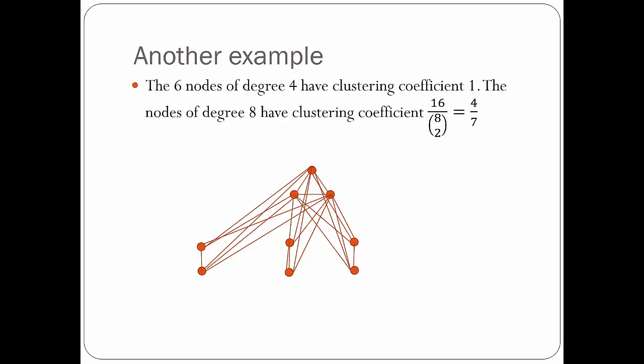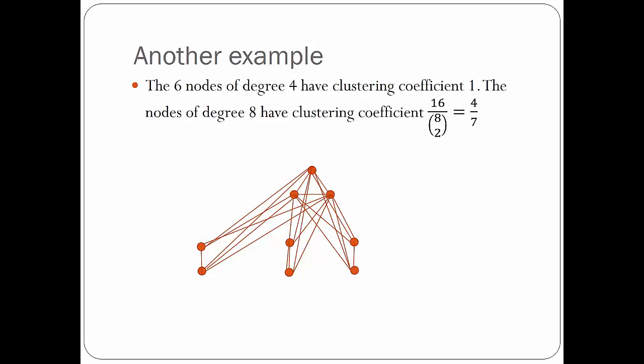Now, what about one of the nodes in the triangle? Their neighborhood is size 8. They're adjacent to everything, so their neighborhood is actually the entire graph. And so the maximum number of edges in their neighborhood would be 8 choose 2.